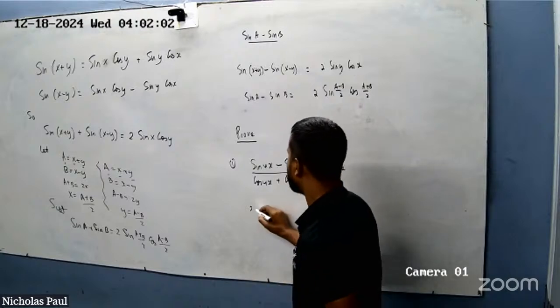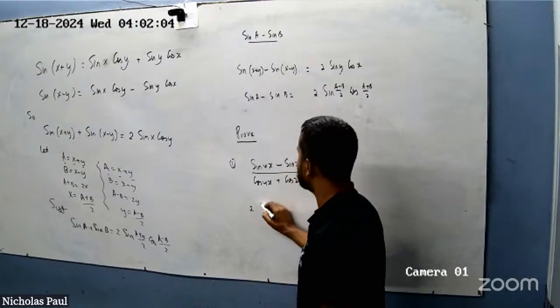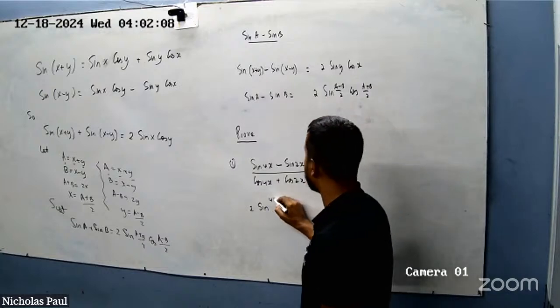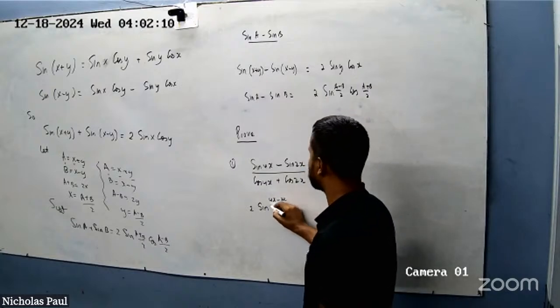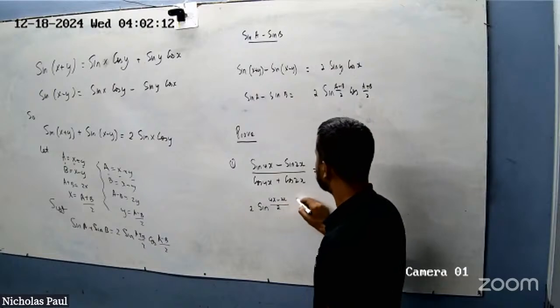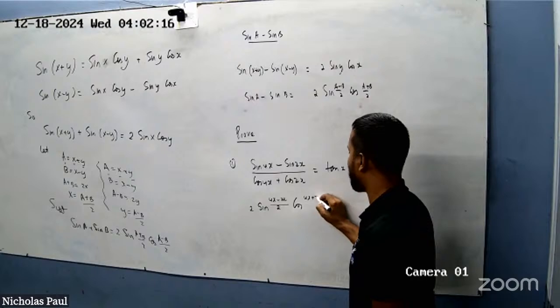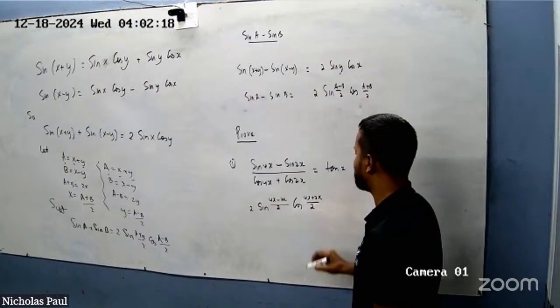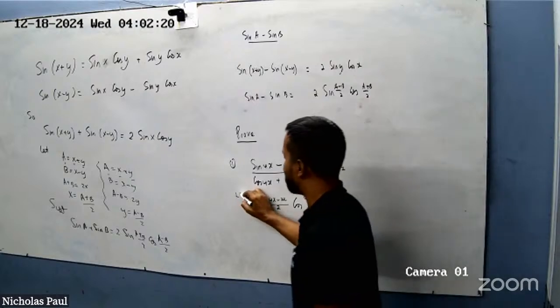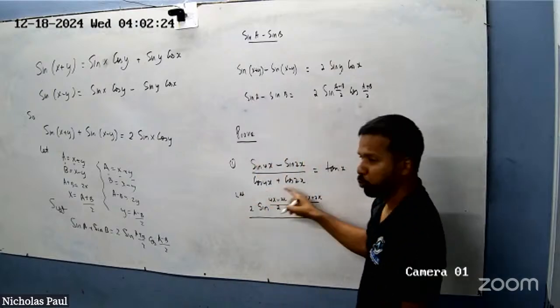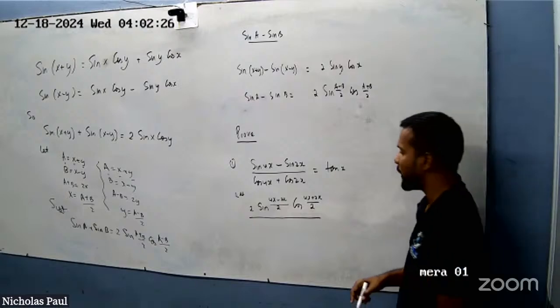The first one simplifies to 2 sine (a minus b), which is 4x minus 2x, all over 2 cos (a plus b). So that'll be 4x plus 2x over 2. This is the left hand side I'm working with, right? All over, what is cos 4x plus 4x?